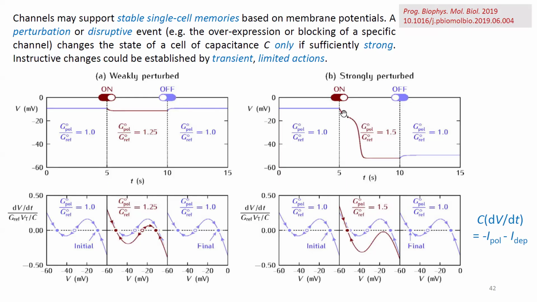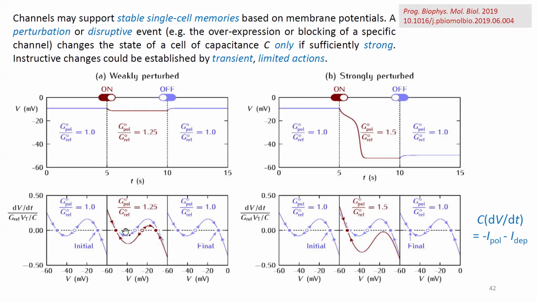However, when the perturbation in the channel conductance is strong enough, the change from the depolarized to the polarized cell state is permanent. That means that, in principle, transient, time-limited actions can change the bioelectric cell state if these actions are strong enough.